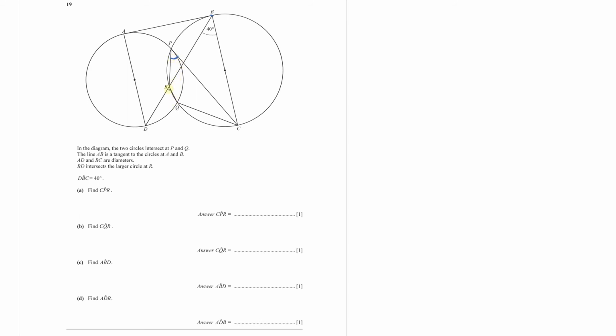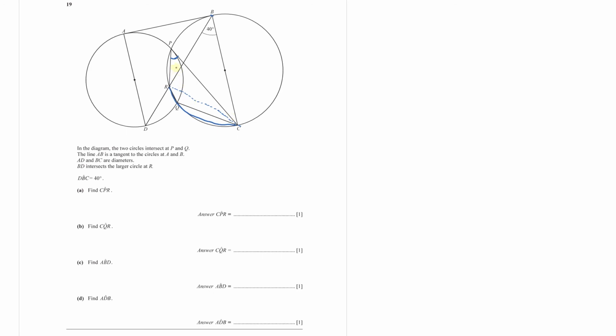If you look at the two triangles RPC and RBC, the angles at P and B are subtended by the same arc, which is arc RC here.